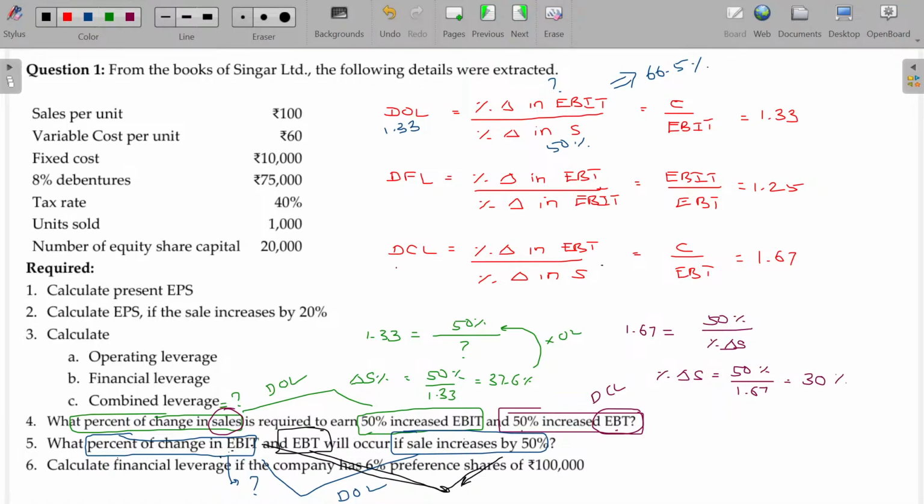Then we have to connect EBIT as well as sales. If I am connecting EBIT and sales, this will be what? Degree of combined leverage. Sales being 50%, combined leverage being 1.67, then you can find out the percentage change in EBT, like 50 into 1.67. The value being 83.5%. Very often you can come across these types of illustrations. Clear?